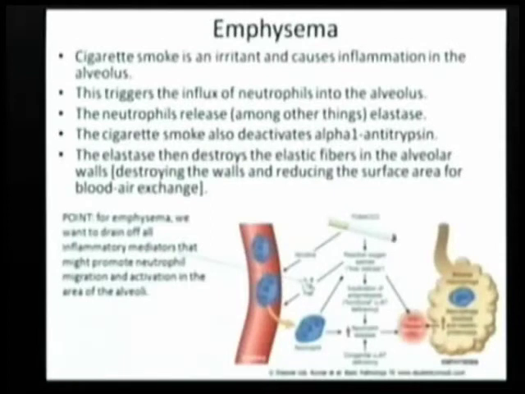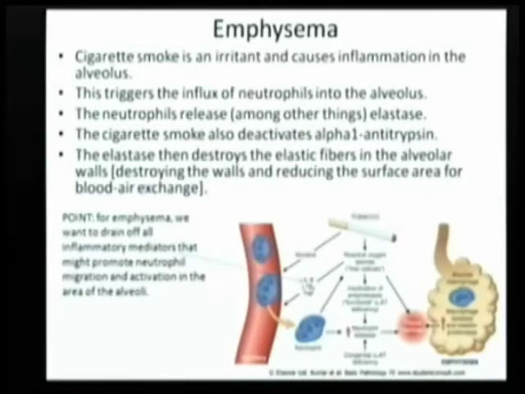However, under certain circumstances, this doesn't work very well. And one of them is cigarette smoking. So it's an irritant, it causes inflammation in the alveolus, triggers the influx of neutrophils. Okay, this we know already. And the neutrophils release elastase. Now the problem is that the cigarette smoke also deactivates the alpha-1 antitrypsin.